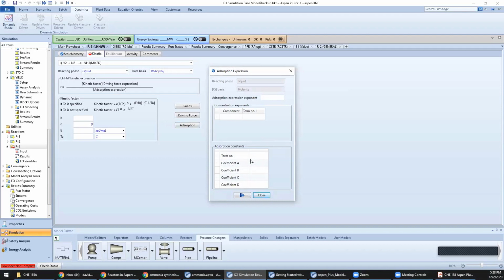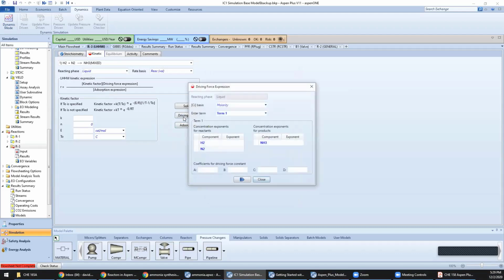But there are certain coefficients that you need in order to make this work. And these coefficients are basically going to be the K factors in front of your partial pressures in this denominator. Your driving force, of course, is just going to be probably the partial pressures.